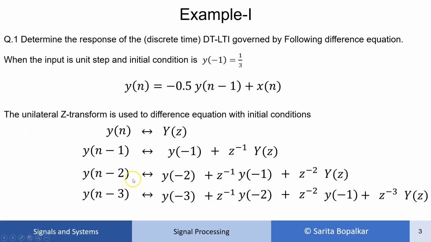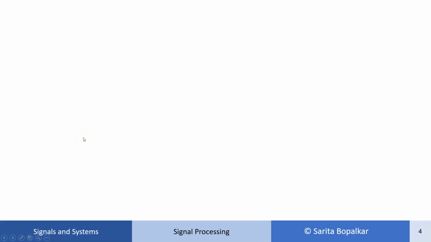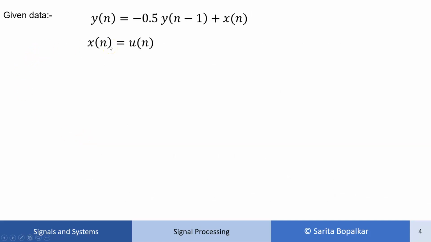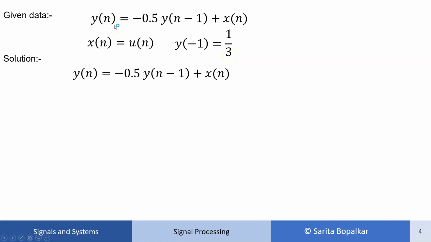That means we have to take the unilateral Z transform. Now let's solve this difference equation. The given data is this difference equation, plus the input is a unit step, that means u of n. Then the initial condition y of minus 1 is given, and that value is 1 by 3.